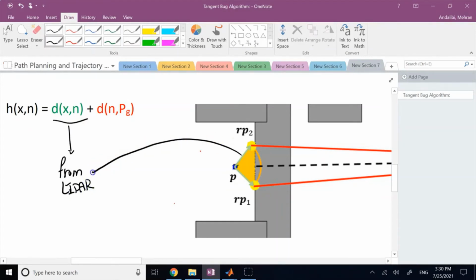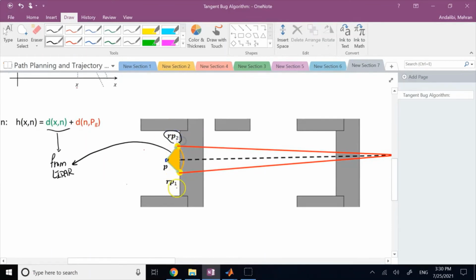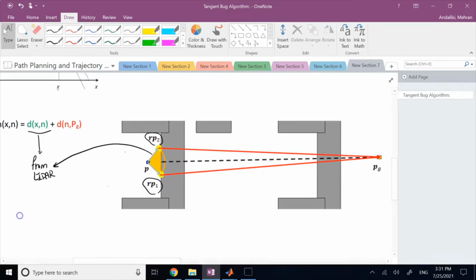Okay, that's this d. The other is the distance from n to g, or from the endpoint to the goal. When you calculate the position of the endpoints using the same method I told you, you calculate their distances to the goal by Euclidean distance, right? So that's this distance here in red. So what you basically measure is the sum of these two. So between this one in blue and this one in black, which one is minimal? Whatever is minimal, you go toward that endpoint.